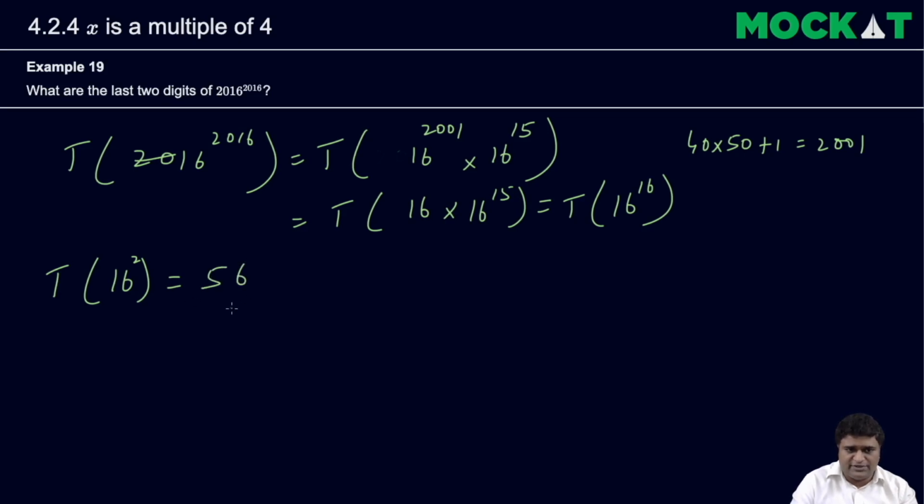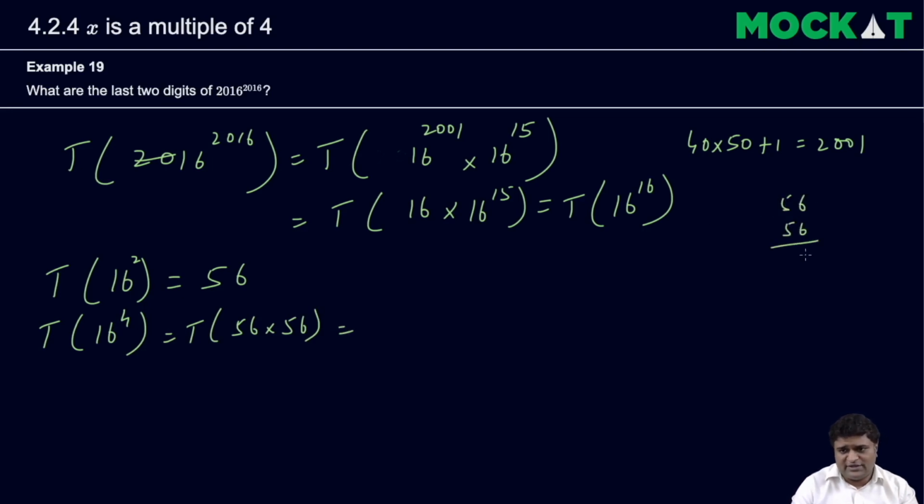The last two digits. Now 16 power 4 is going to be 16 square into 16 square. That's going to be 56 into 56, the last two digits of that. So 56 into 56: 6 6 is 36, 3 carry up, 30 plus 30 is 60, 60 plus 3 is 63, so 36.